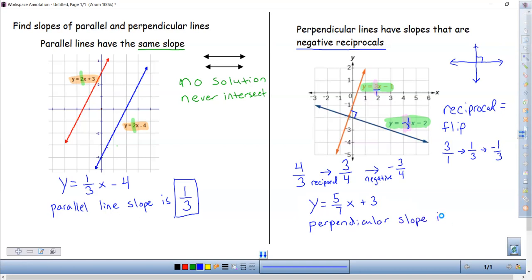This is where we have to get fancy. We've got 5/7. Flip it upside down to be 7/5, and then make it negative. Negative 7/5 is the perpendicular slope, and we are done.